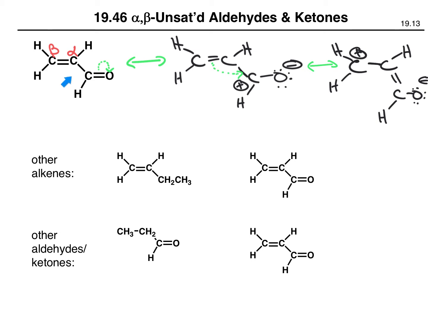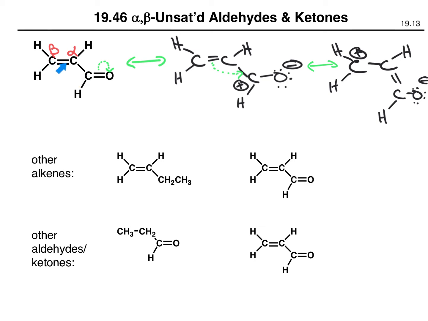So the resonance hybrid of an alpha-beta unsaturated aldehyde or ketone will have partial double bond character between these carbons and these carbons and this carbon and oxygen. We're going to have partial negative character here, but what's probably most important as we think about reactions is that we have partial positive character here and partial positive character here. That means we have two sites on this compound that are electrophilic.